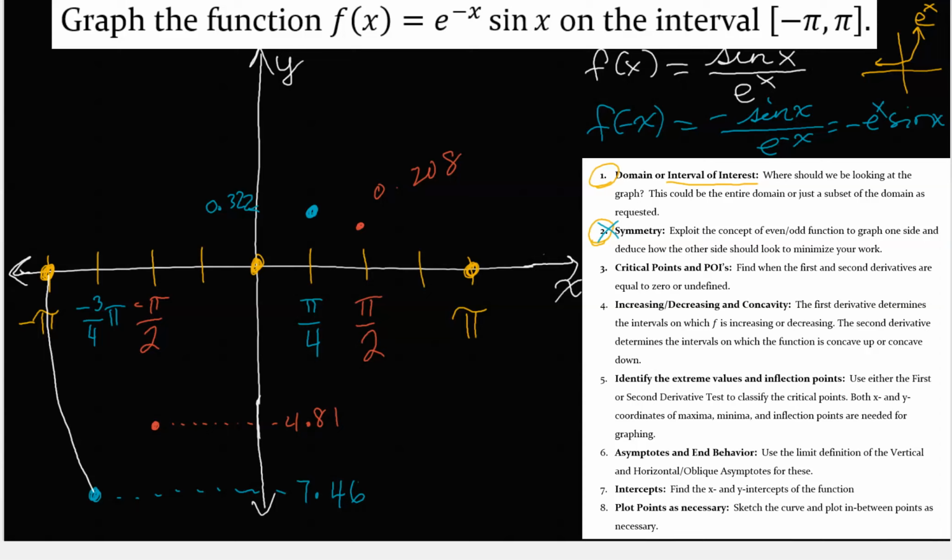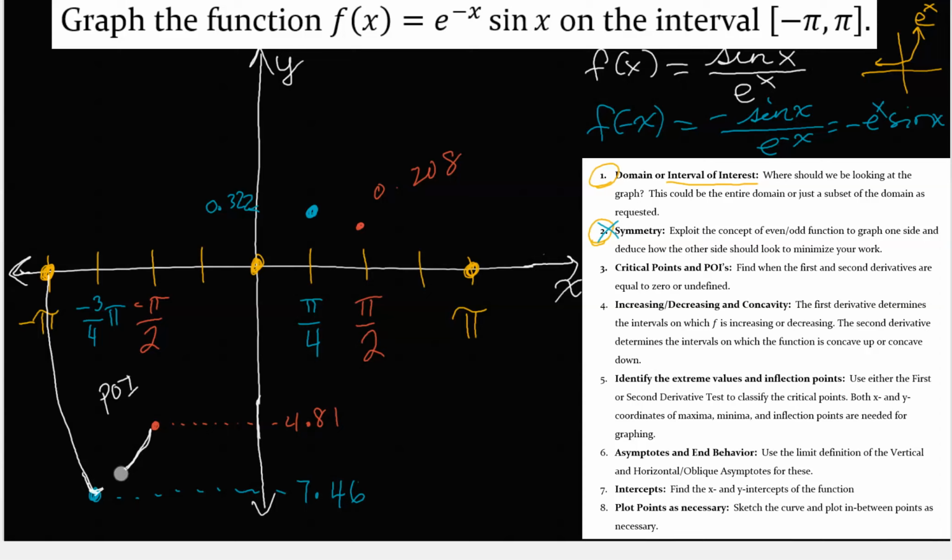And then from negative 3 pi over 4 to negative pi over 2, it is increasing, but it's still concave up. So it looks like this, increasing, concave up. Okay, and then it changes concavity at that point because we had said that that's the point of inflection.